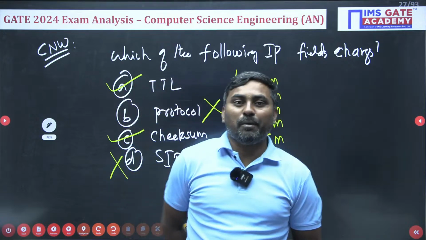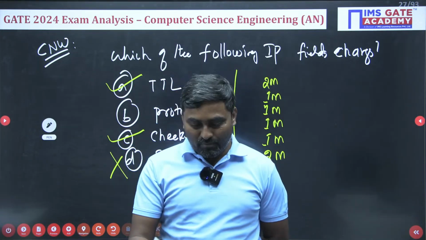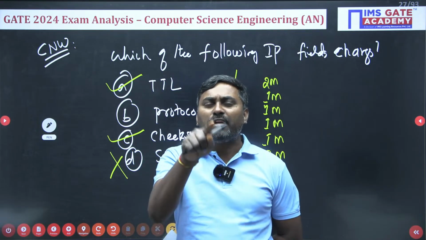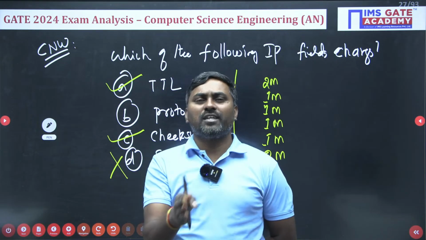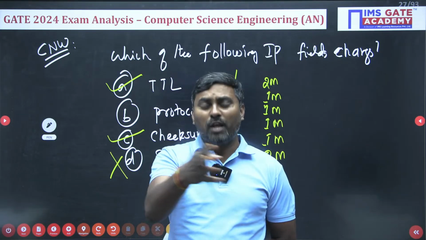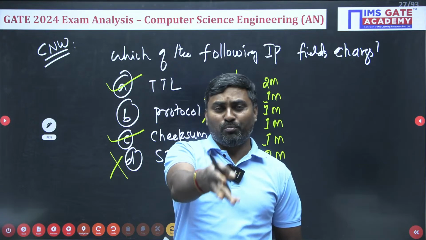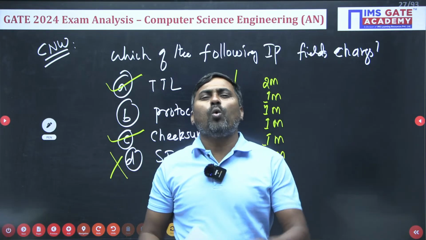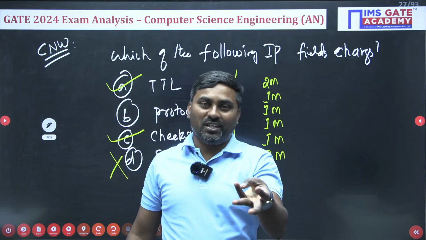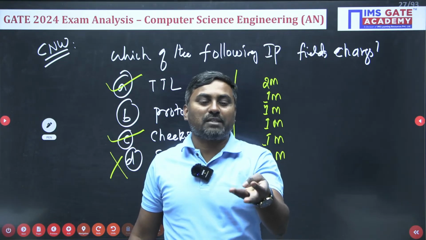From the DA paper, you know what experience we got from this paper this year. Only 18 marks came from artificial intelligence and machine learning, 34% from mathematics, and 12% from DBMS, programming, and algorithms. So only algorithms, DBMS, and programming, 3 subjects, and mathematics.